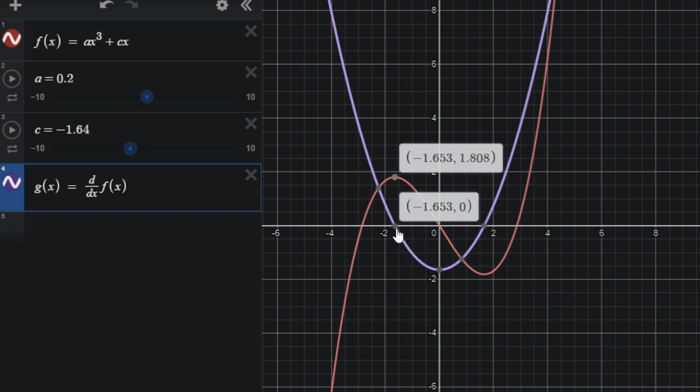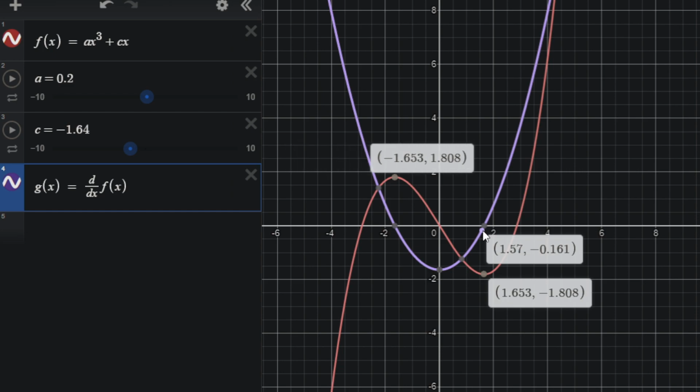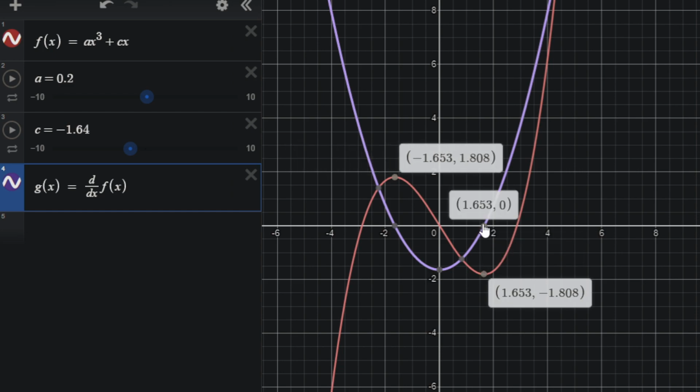That doesn't mean by itself that we have a local maximum, but that's one of the conditions, right? And then the derivative is negative until this 1.65 point. So the function is decreasing until that same point, and then again you get a local extremum, a local minimum in this case because the derivative is 0, and then the derivative is positive, so the function is increasing from that point on. Okay.